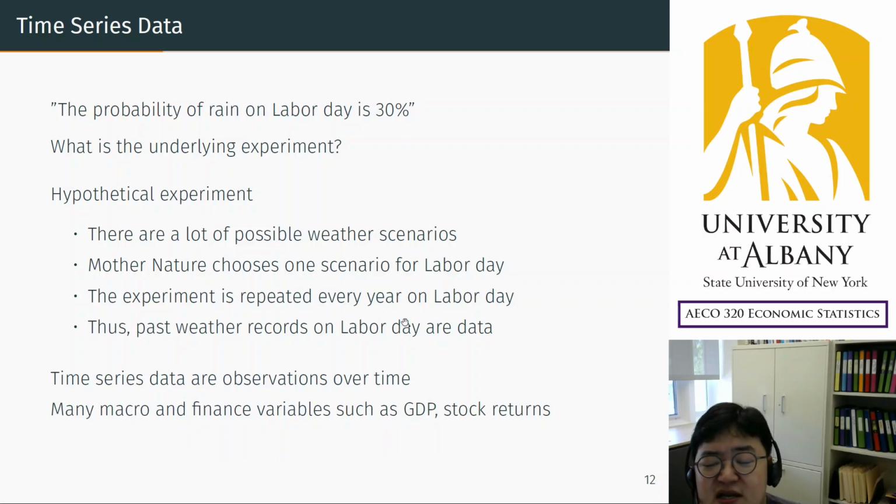Time series data analysis is actually pretty different, more difficult. That is not my expertise. Because I know it's more difficult, I did not spend much time studying that. But it's important. Many important questions, especially in macro and finance variables, are based on time series observations, like GDP, stock returns, right?